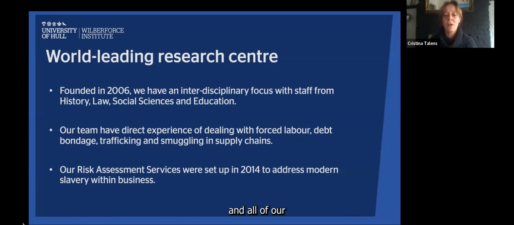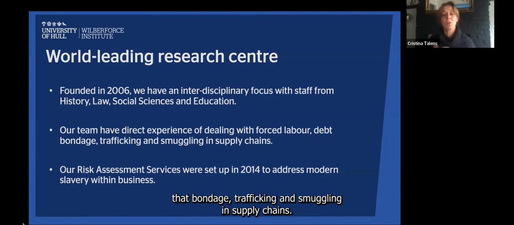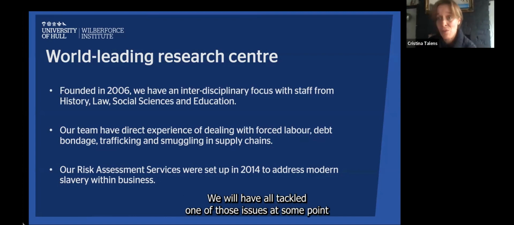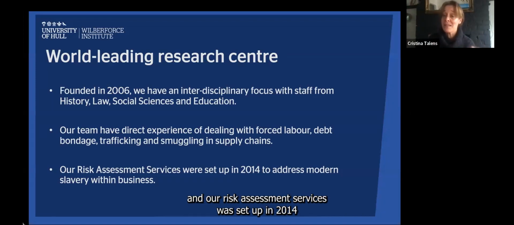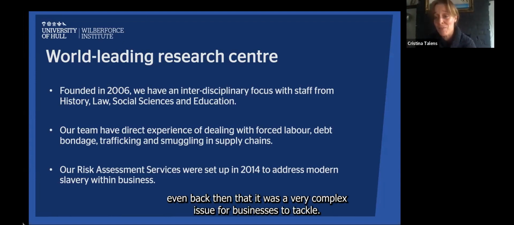All of our team have either direct experience of dealing with forced labor, debt bondage, trafficking and smuggling in supply chains. We've all tackled one of those issues at some point. And our risk assessment services were set up in 2014 to try to help businesses address modern slavery, because we recognized even back then that it was a very complex issue for businesses to tackle.